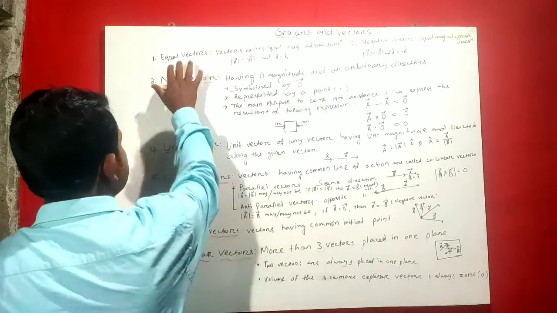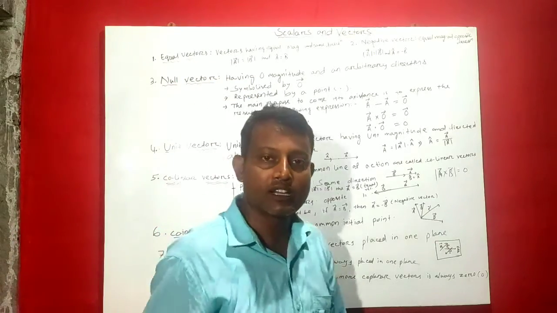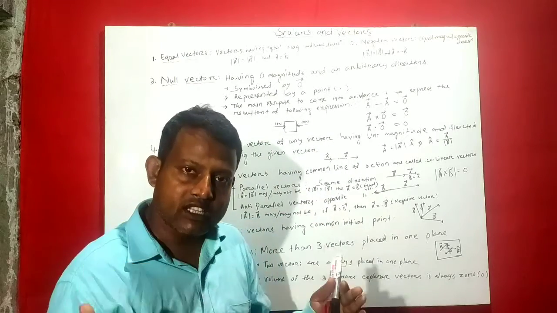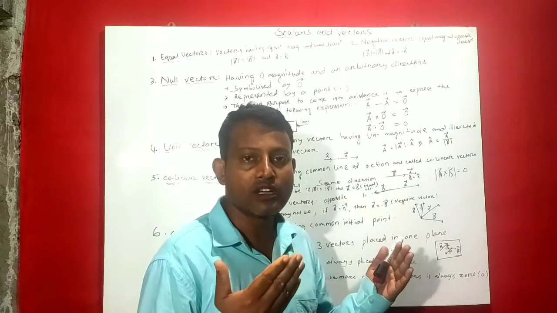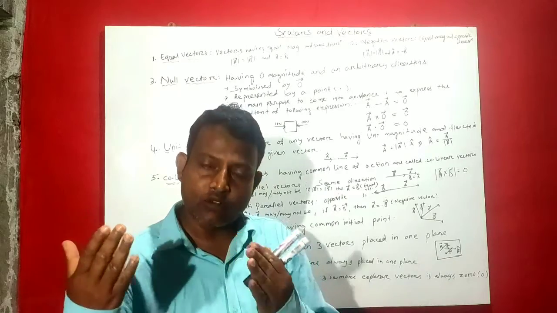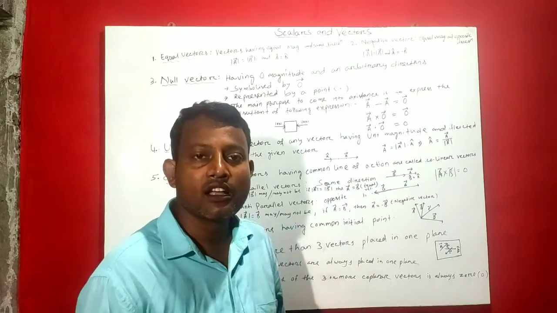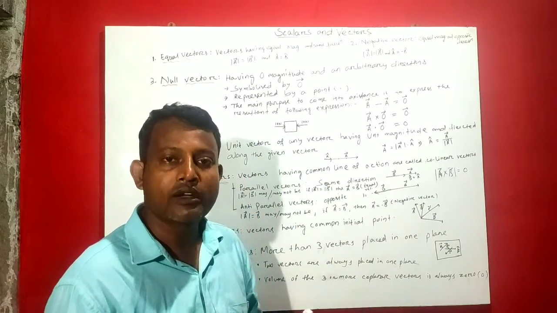First, equal vectors. What is an equal vector? Two vectors having equal magnitude and the same direction are called equal vectors to each other.